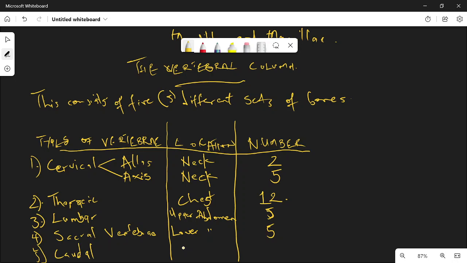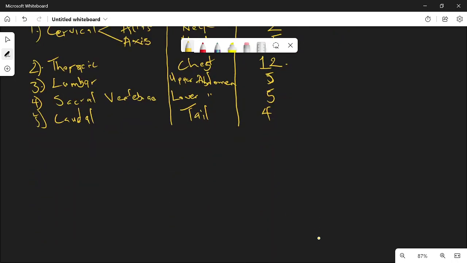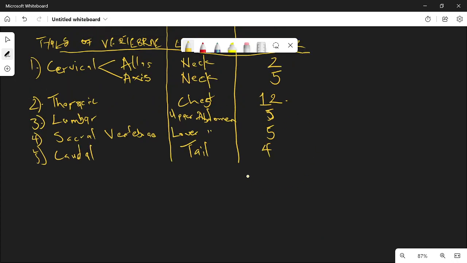Caudal is found in the tail, and it has 4. So if we take the total, the total we'll be having is going to be 33 bones. So we have 33 in the human.